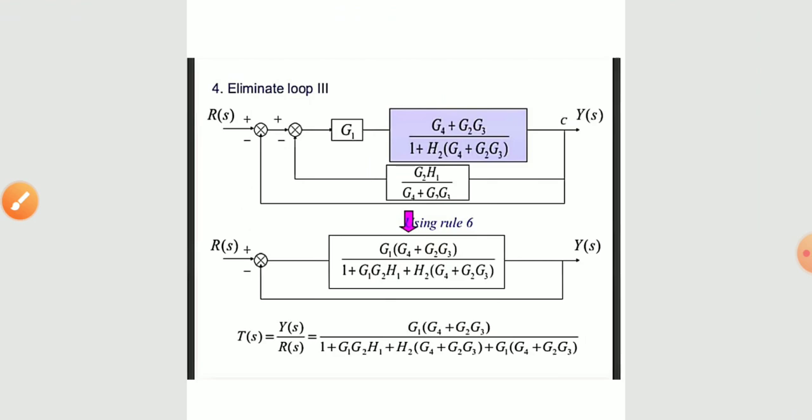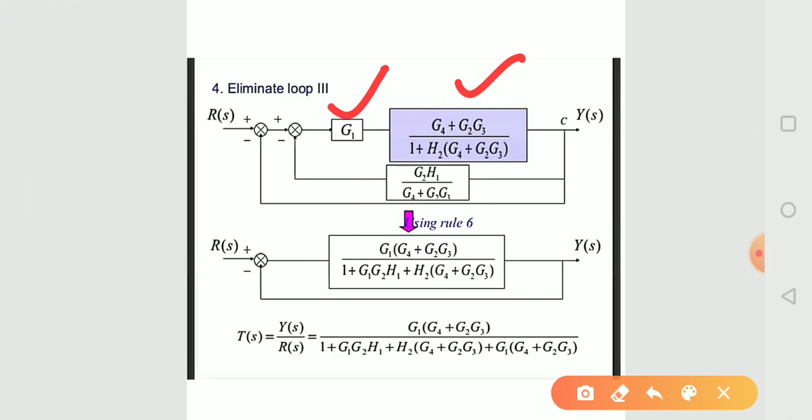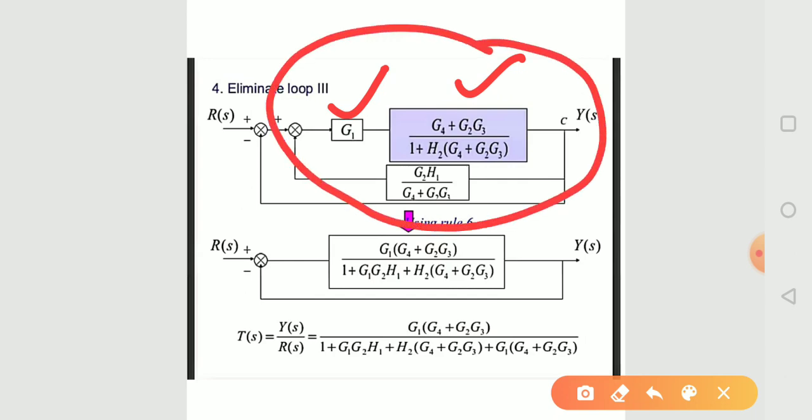By this step, we can see that these two blocks are in series. So we know that in series both gains are multiplied. So the output is G1 into G4 plus G2 G3 upon 1 plus H2 G4 plus G2 into G3. After that we can see here also a third loop. This is the gain and this is the feedback signal.